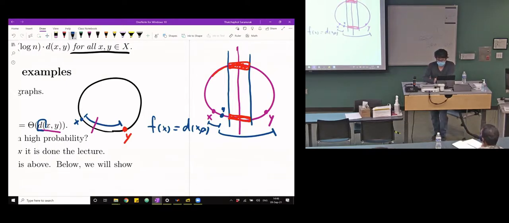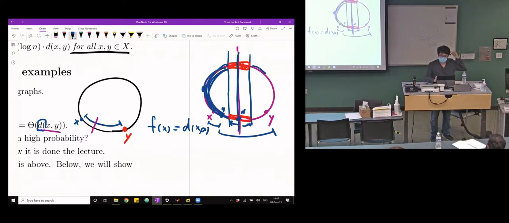It's bad only when A is close to the center, and that's when you look at the difference, they really cancel out. If you go out of the center by just a constant factor of your distance, then you're good. And anything here is good.